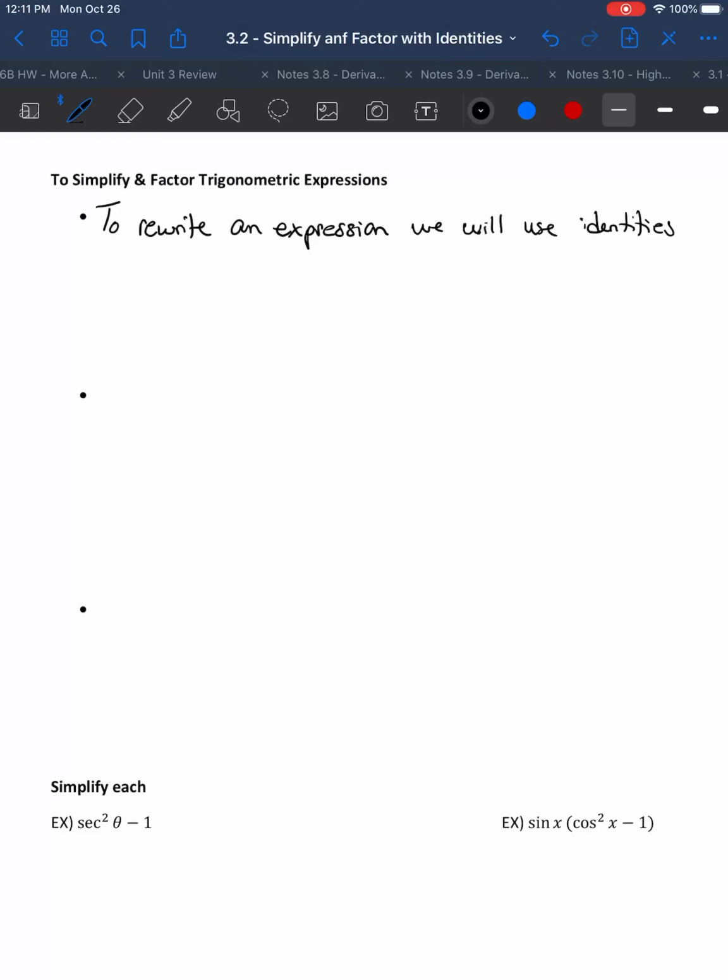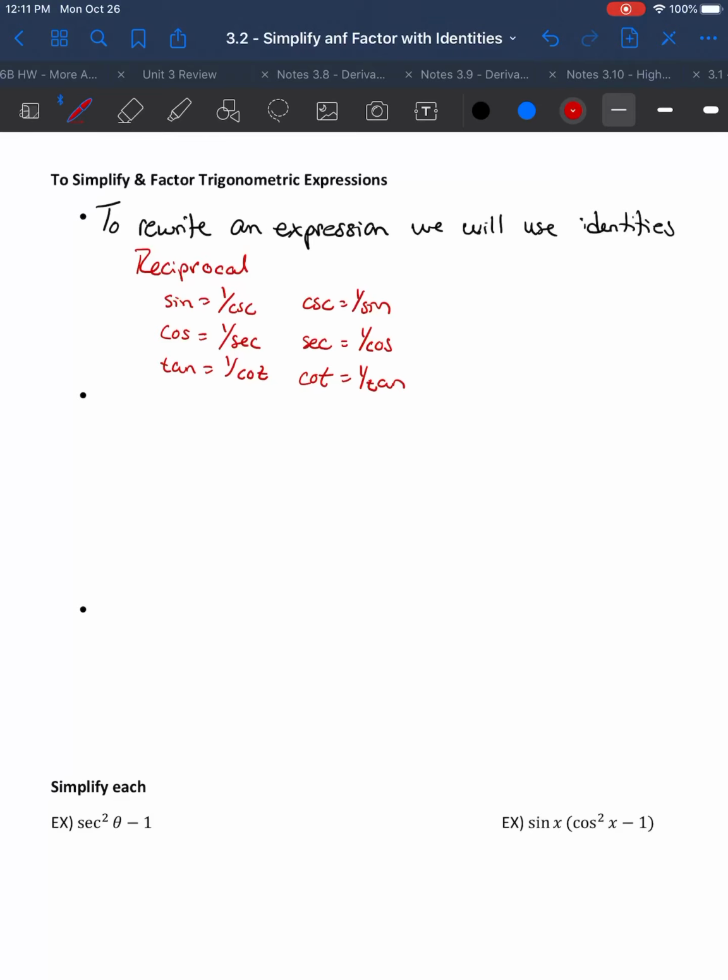Okay, so those identities include the reciprocal identities. There are the 6 reciprocal identities that you need to know.